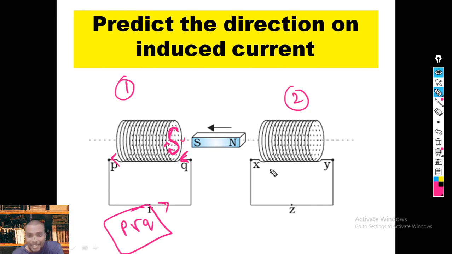Now when it comes to the second coil, the north pole of the bar magnet is moving away. So it means the induced current develops in such a way that it should contribute to the south pole. So on this side the south pole should come. If the south pole should come, what is the direction of current here? To get that, I can take the help of another: if it is south pole, by common sense this contributes to north pole.